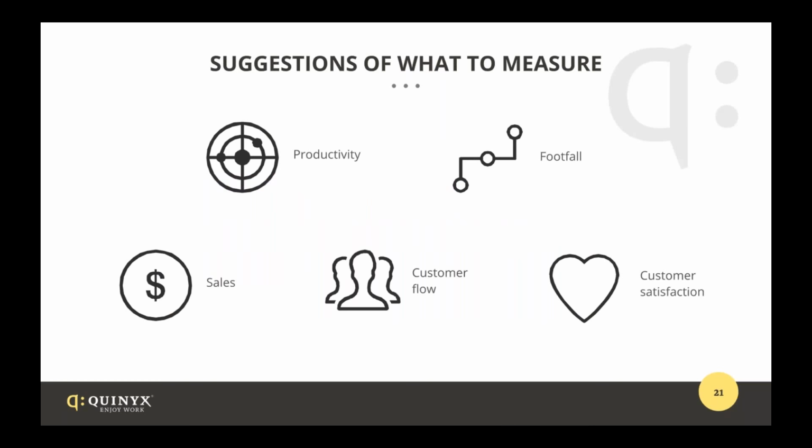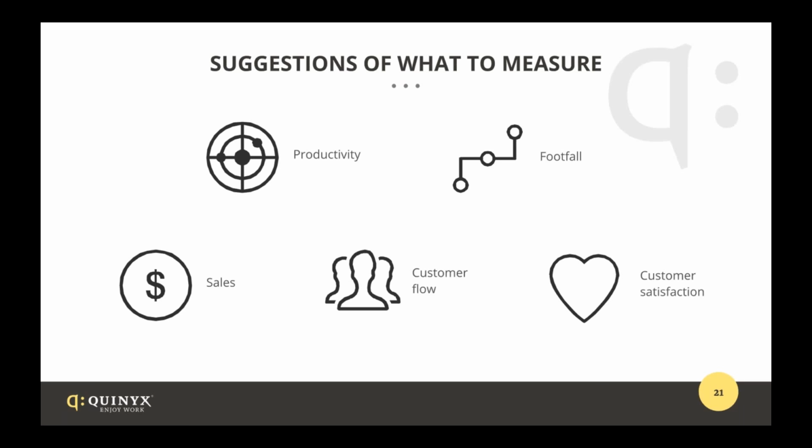It depends on the business you have, what type of business, what vertical you're working with. These are the most common ones. So productivity, of course, so sales compared to number of planned or worked hours. So how is the productivity?